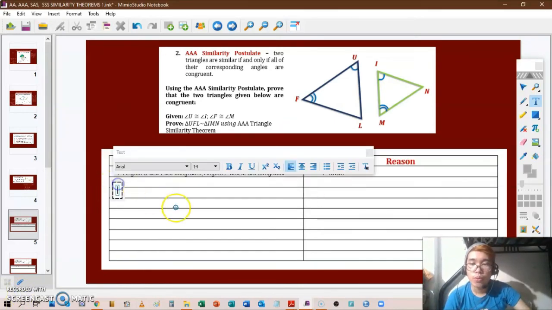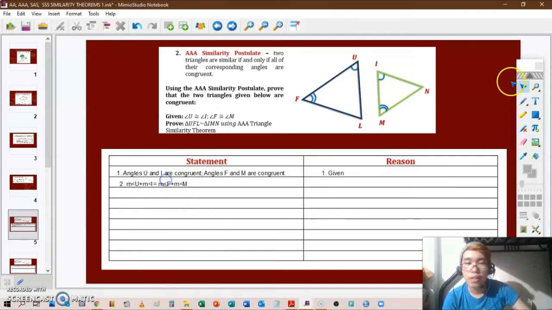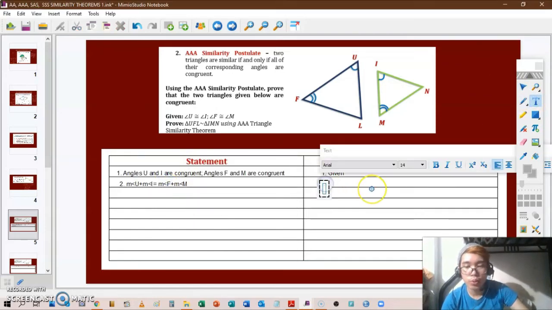And number 2, we can write that the measure of angle U plus the measure of angle I, since they are congruent, would be equal to the measure of angle F plus the measure of angle M.